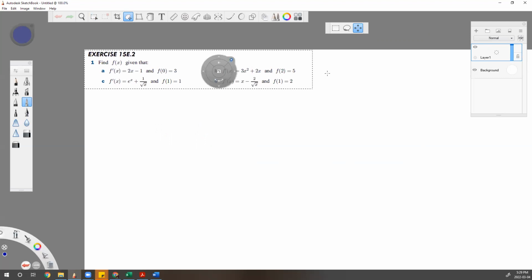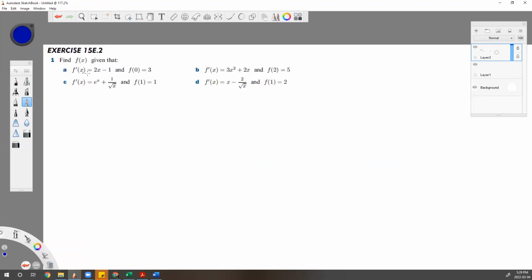Okay, question 8. f'(x) equals 2x minus 1 and f(0) equals 3. Find f(x). So this is finding c. f'(x) is the derivative, so to find f(x), you need to integrate f'(x) dx, right?